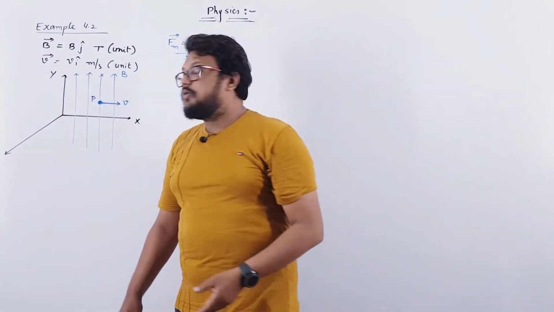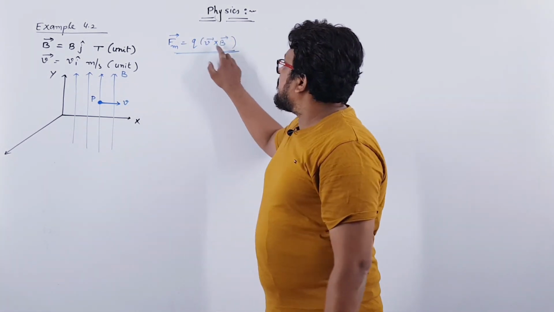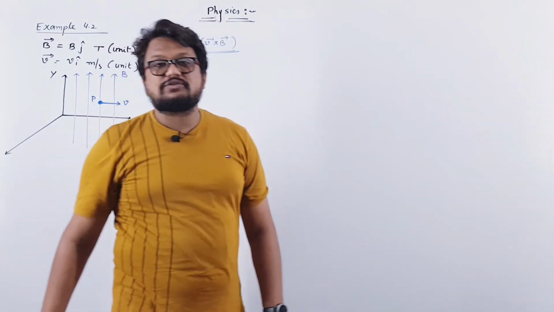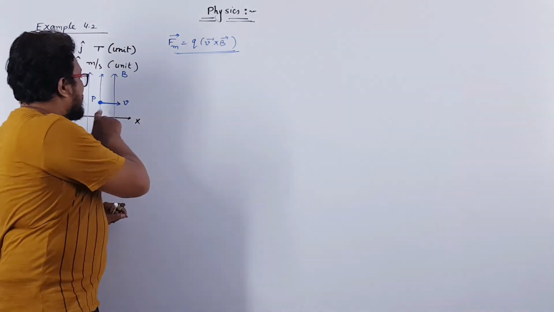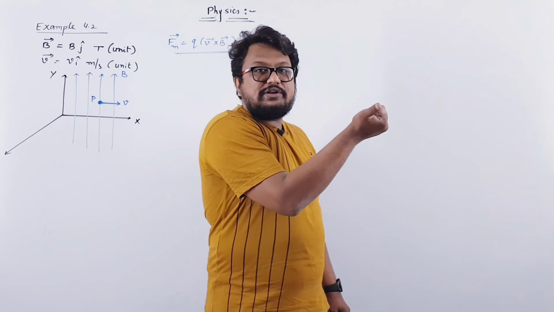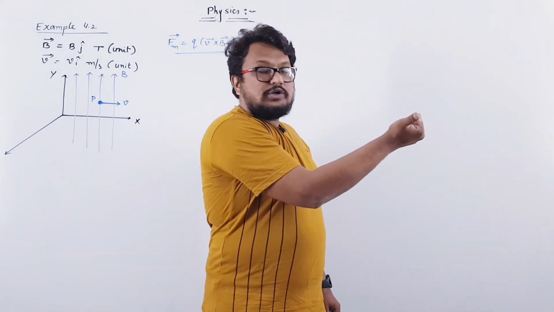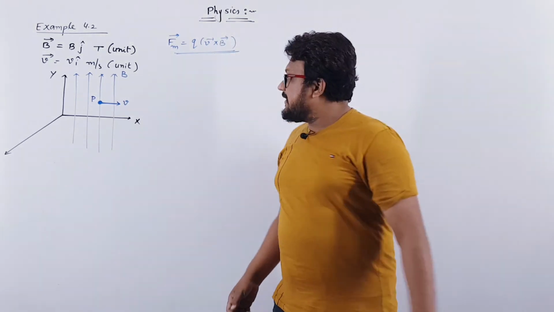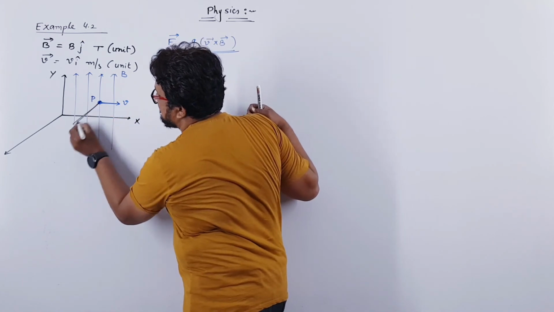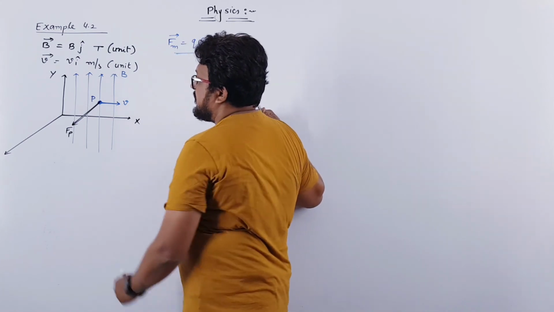According to our rule for V cross B, keep your palm in the direction of V and your forefinger should bend in the direction of B. Magnetic field is in upward direction, so thumb is towards you. So for proton the force will act along the positive z-axis.